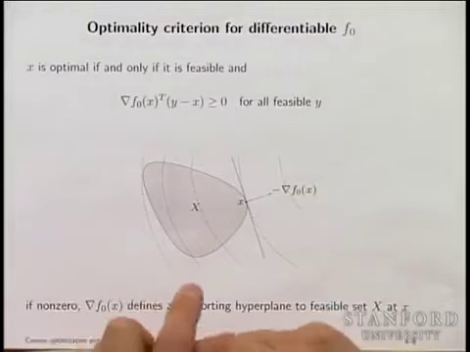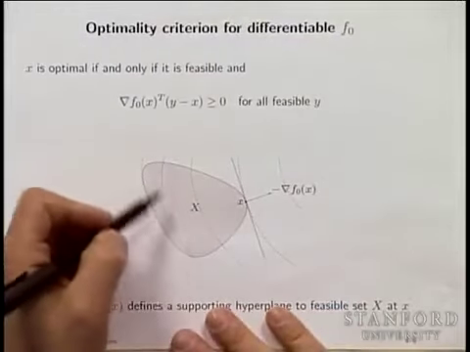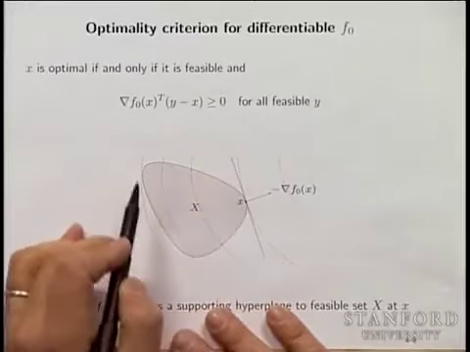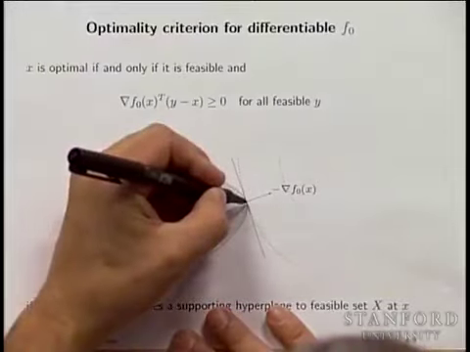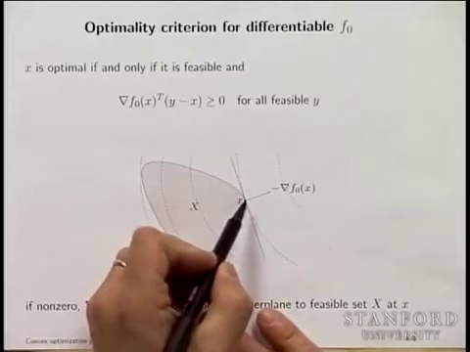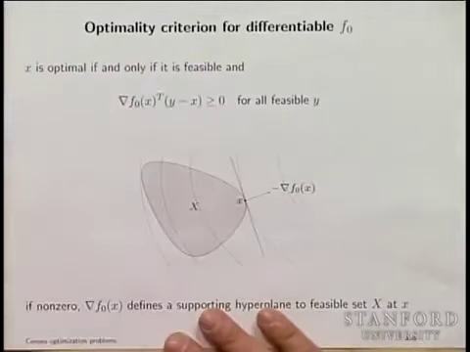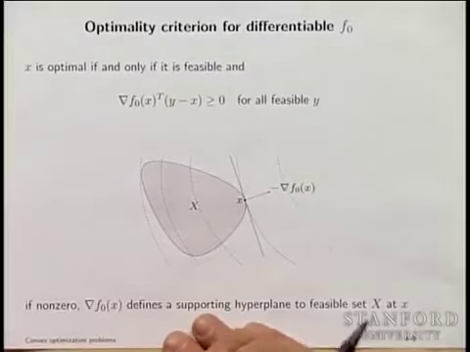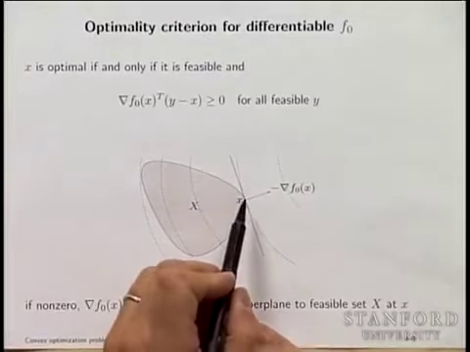Okay? Now, geometrically, it means this. Here's your feasible set. These are the level curves of the objective. And so this is clearly the optimal point. It's the point in the feasible set with the lowest objective value. You write the negative gradient of the objective function.